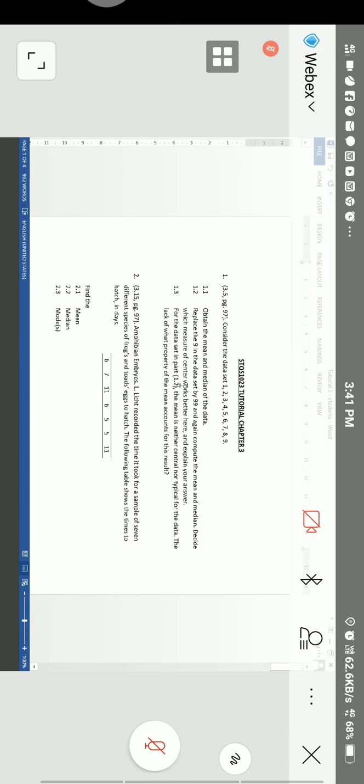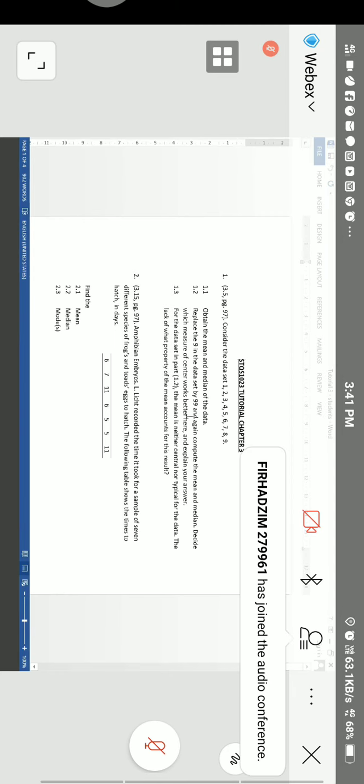It's changed to 99, meaning you replace the 9 with 99. Then you compute the mean and median, and look at which measure of center works better there. Then you need to explain your answer. Is there any difference when the 9 becomes 99?